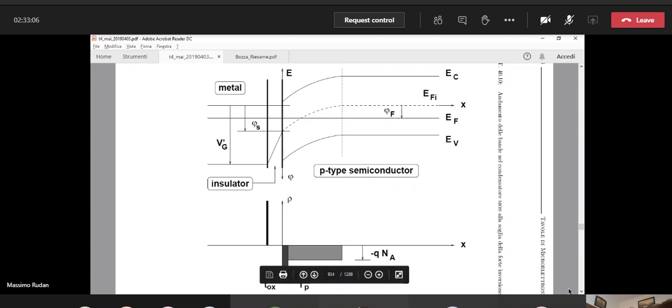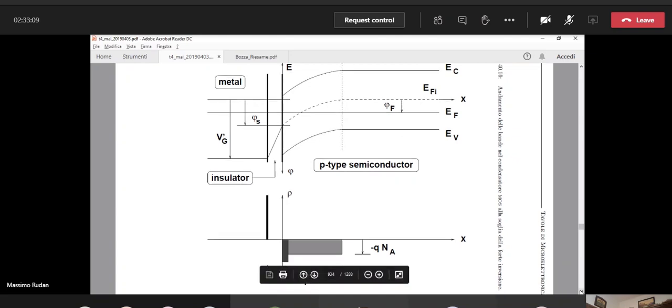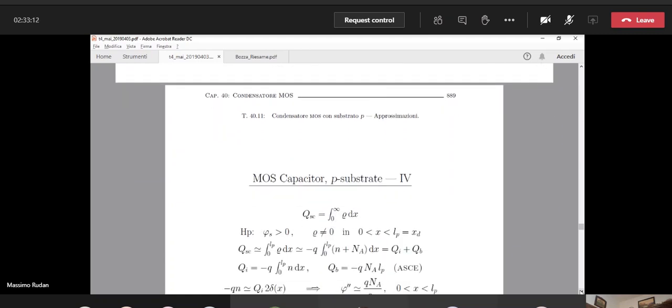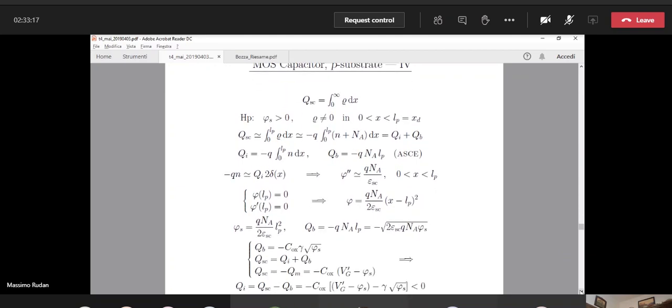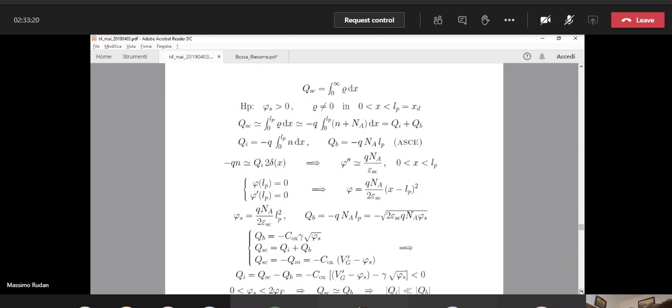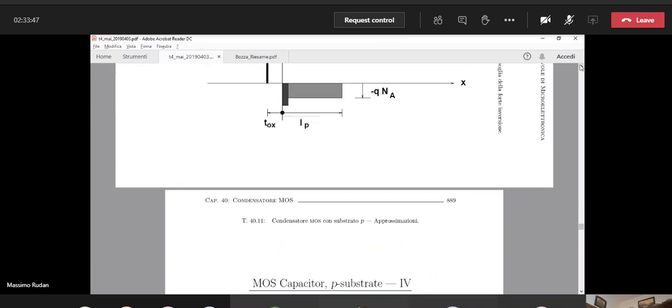But this simplified theory is yet very useful for the MOS transistor. And we try to avoid using the complicated relation with exponentials that we found by solving the Poisson equation. So we go back to the definition of the semiconductor charge per unit area, that is the integral from 0 to infinity of the charge density. And we take an approximation.